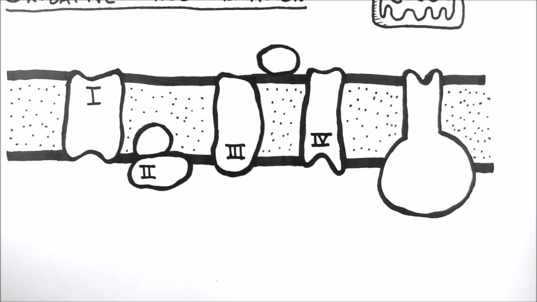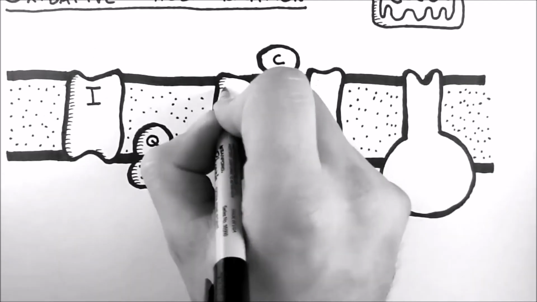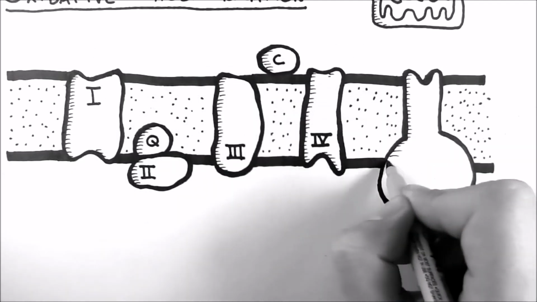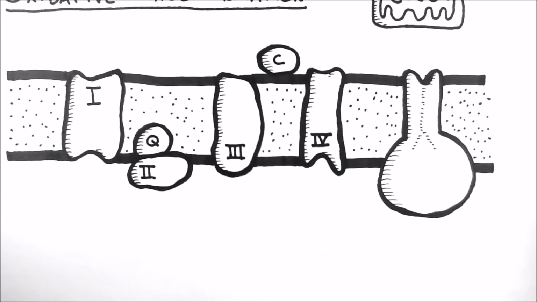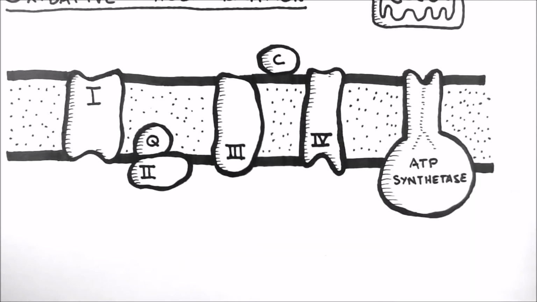These are the major protein complexes of the electron transport chain. The other factors involved are coenzyme Q10 and the cytochrome C complex. The other large protein complex involved here is called ATP synthase, and as the name suggests, it is the complex that makes ATP.